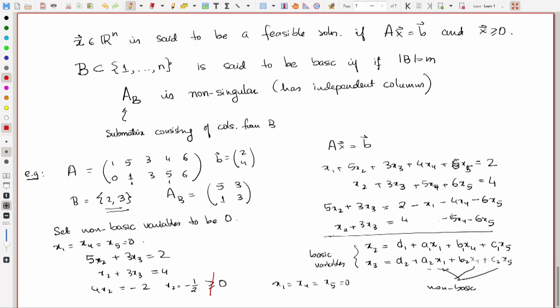So, this is a bad place to start. So, maybe I should start with 2 comma 4 instead. We will see how to find a good basic variable set, but let us just try 2 comma 4 instead.